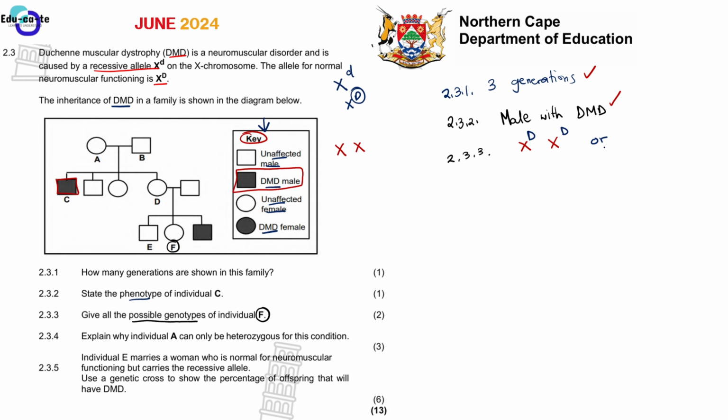Or the other possibility that she can have, you still write the XX, because it's a sex-linked inheritance type of situation. Remember that for her to be normal in this case, she must definitely have a dominant allele, capital letter D. But she can also have a small letter d, a recessive allele as well, but still be normal.